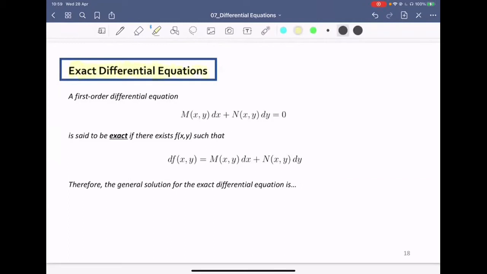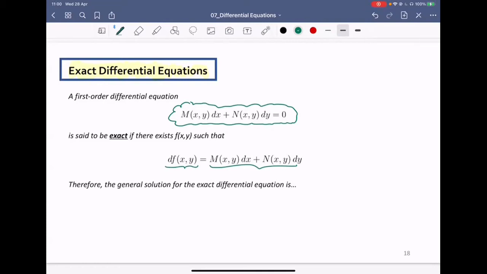The idea of exact differential equation is pretty simple. If you simplify it to this form, m dx plus n dy equal to 0, sometimes you can see that the thing you have on the left-hand side matches the form df(x,y) that you learned from total differential.